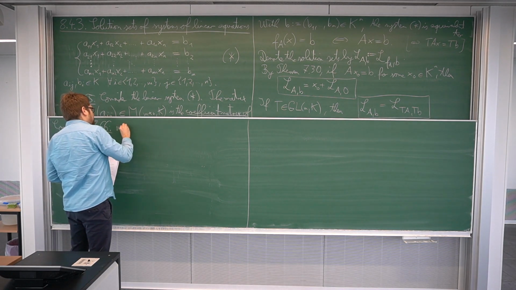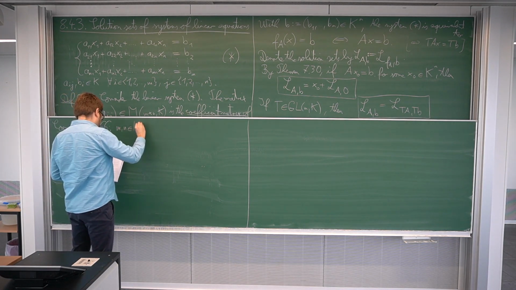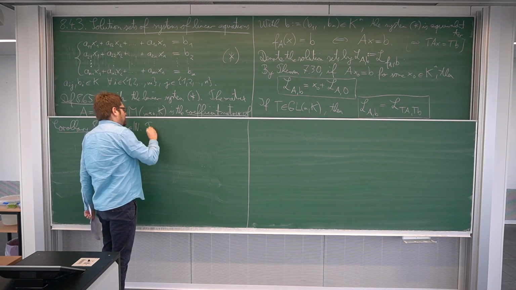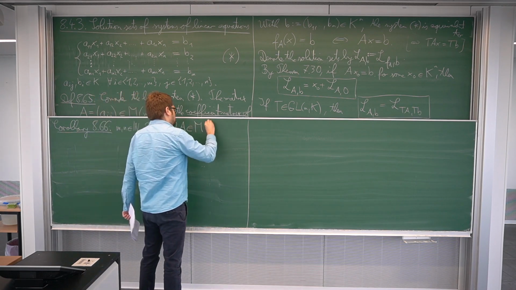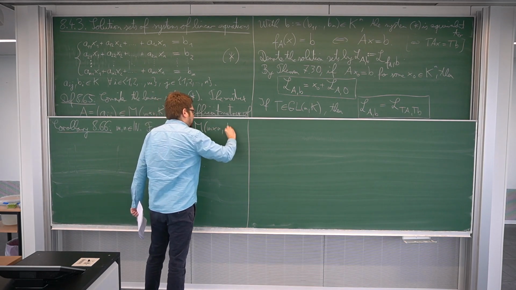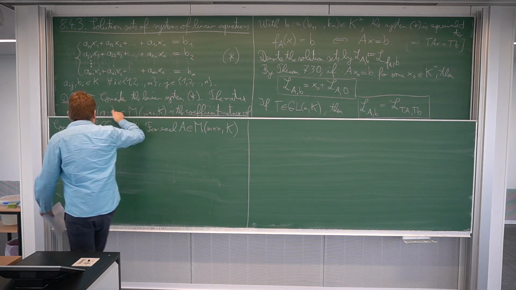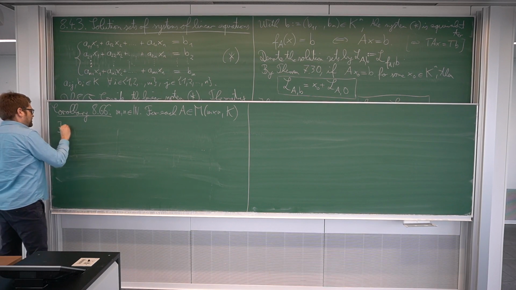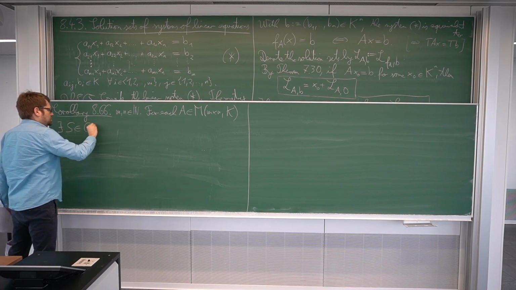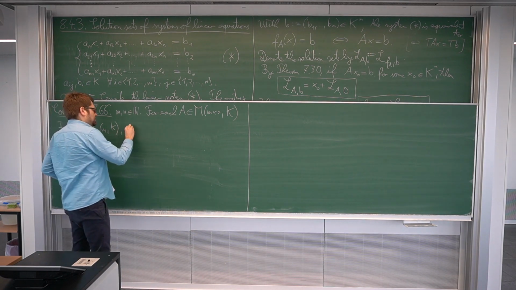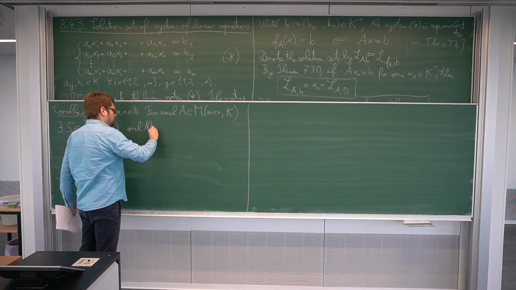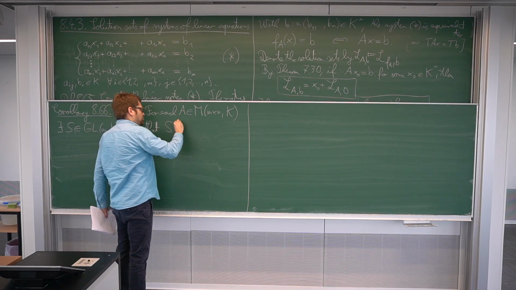So let M and N be natural numbers. Then for each M by N matrix A, there exists an invertible M by M matrix, so there exists an S in GL M K, such that S minus 1 times A is in row echelon form.